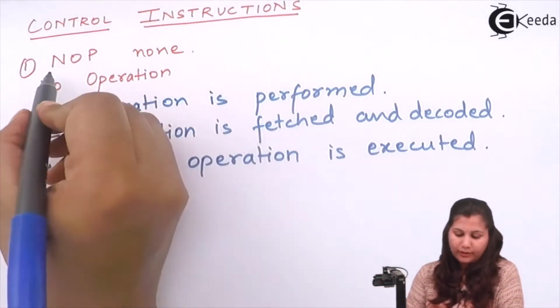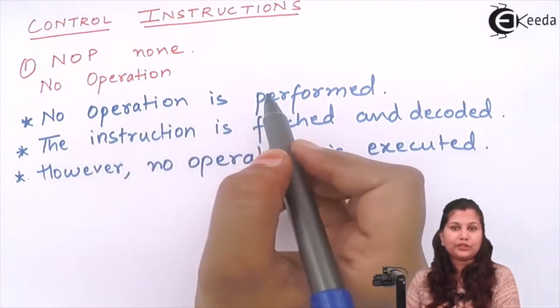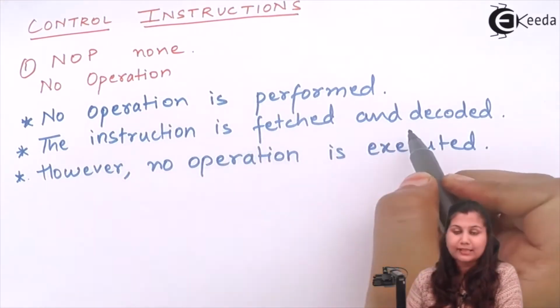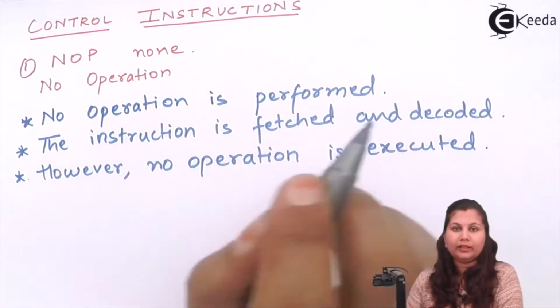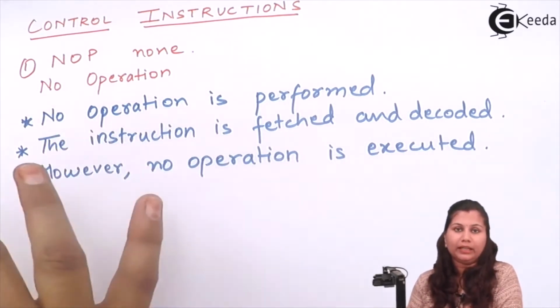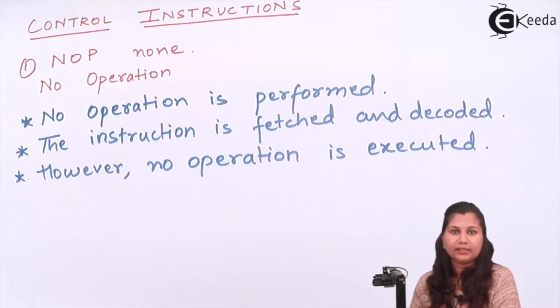So this instruction NOP means that no operation is performed by the microprocessor. The instruction is fetched and it is decoded. This instruction NOP and the next instruction written after it are fetched and decoded, but not executed.